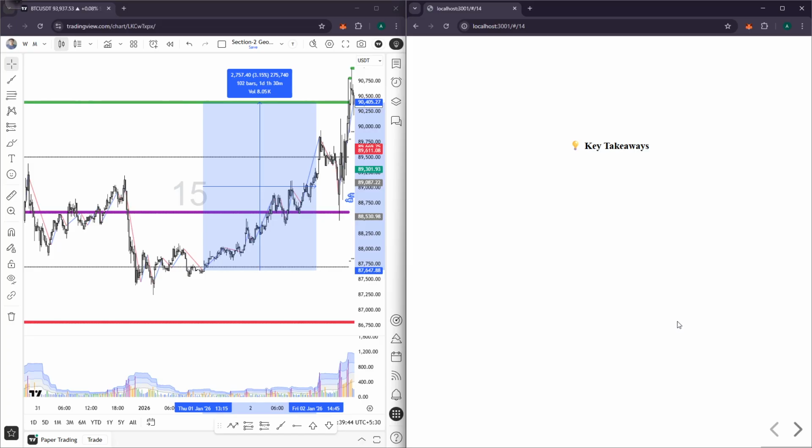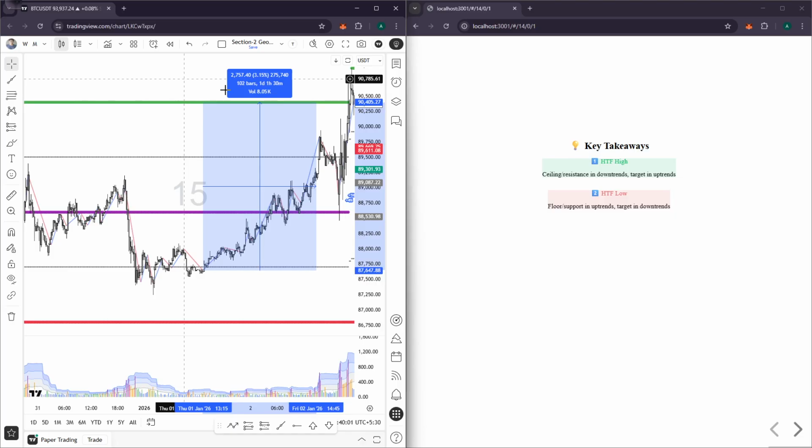All right. So let's go through what we talked about in this lecture. A couple of key takeaways are: STF high, we can see it as ceiling or resistance in downtrends and target in uptrends.